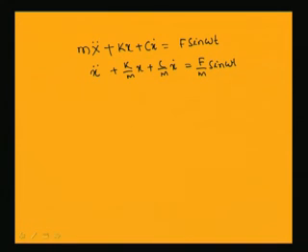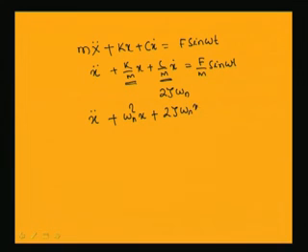Here k by m equals omega n square, the square of the natural frequency, and c by m equals 2 zeta omega n, where zeta is the damping factor. So the equation becomes x double dot plus 2 zeta omega n x dot plus omega n square x equal to f by m sin omega t.